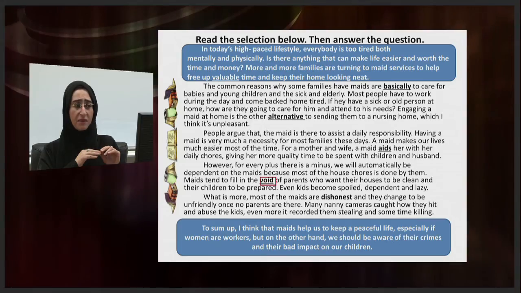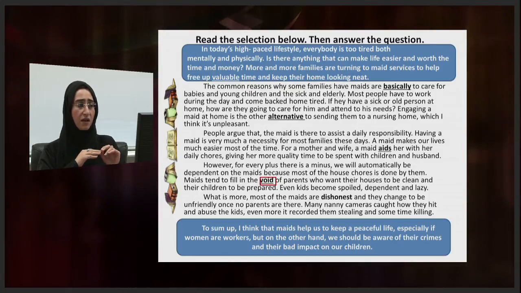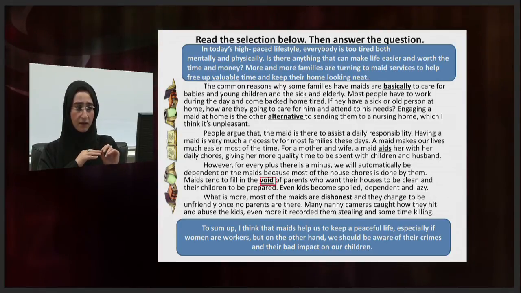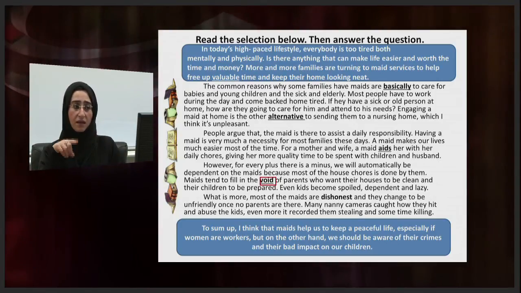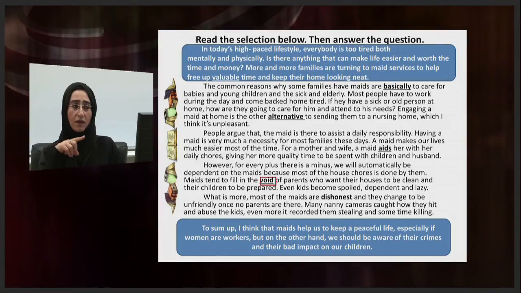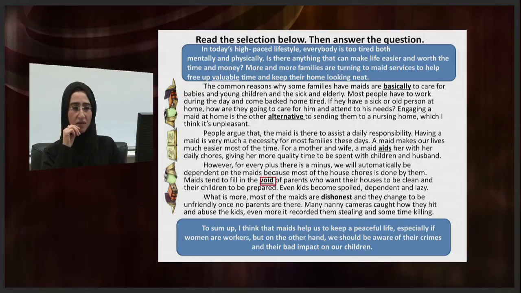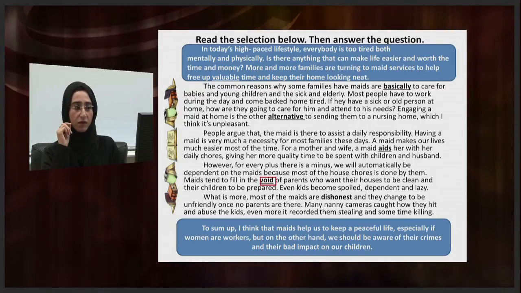The common reasons why some families have maids are basically to care for babies and young children and the sick and elderly. So here we know the answer by knowing that this word is describing a verb. It describes the caring thing. So this will give me the chance to know the meaning, or at least 10% to get the meaning through the word class.